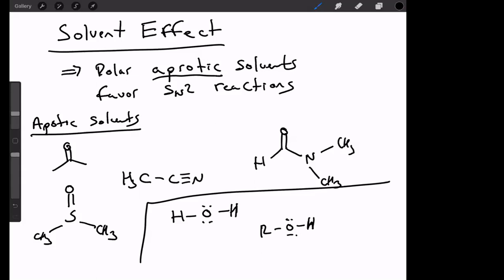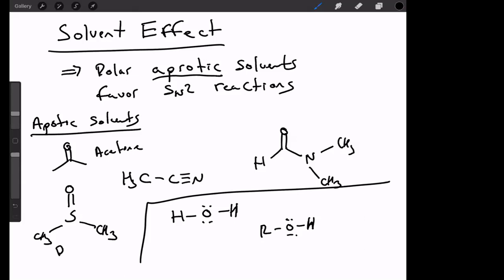All right. So you've learned some trivia: for SN2 reactions, you need a polar aprotic solvent. All of these solvents are polar, but they don't have any acidic protons. This one is acetone.